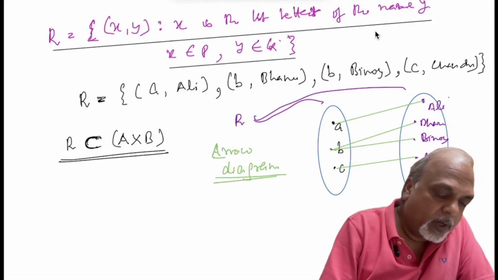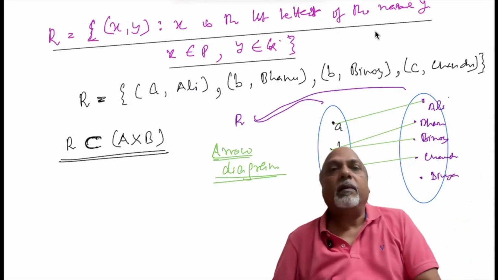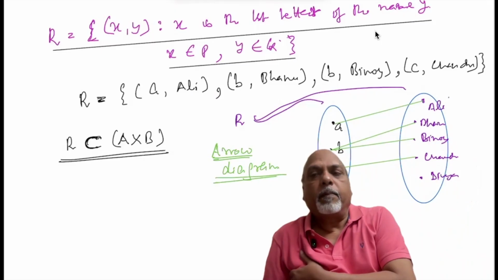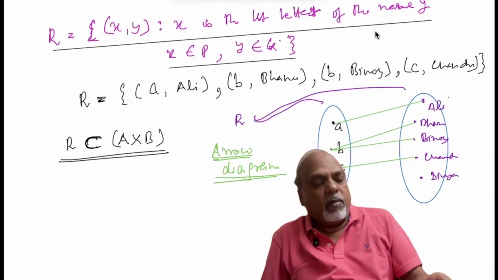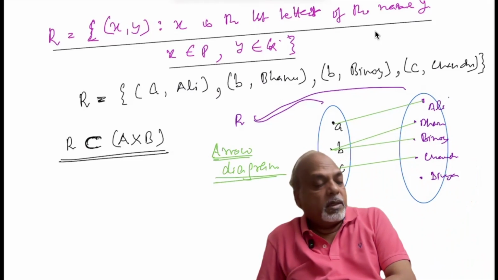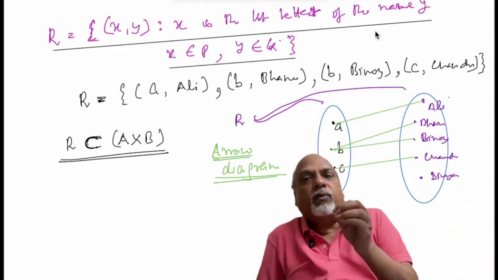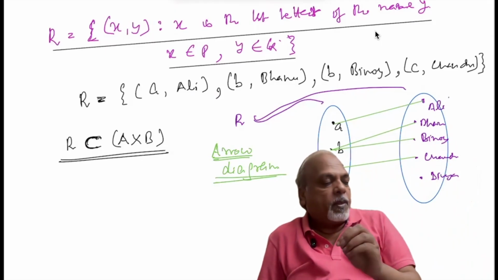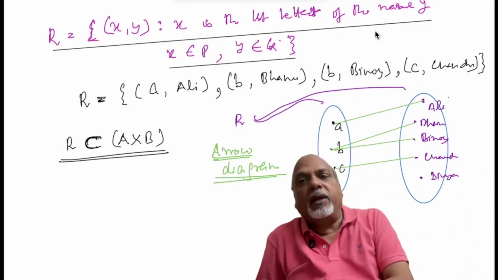Arrow diagram for representing your relation. Correct. So from this pictorial representation or diagram, we can see how the first element of set A is related to the elements of set B.